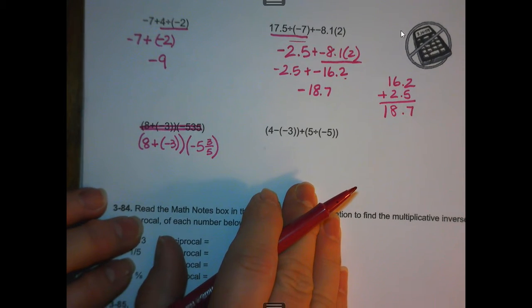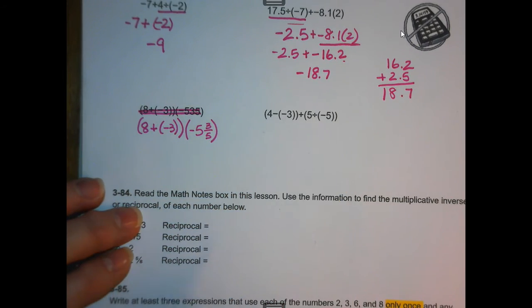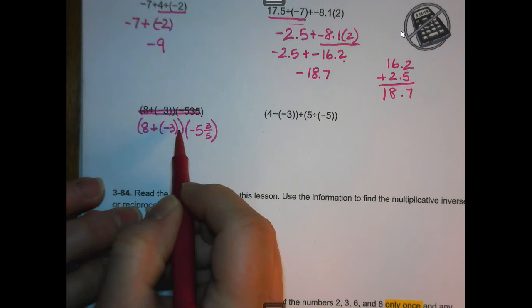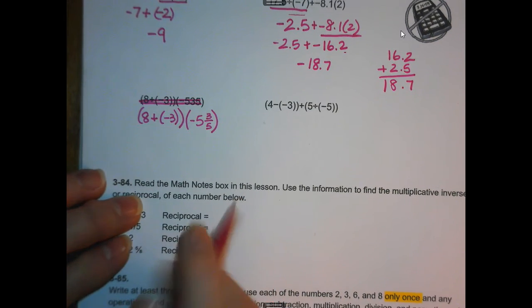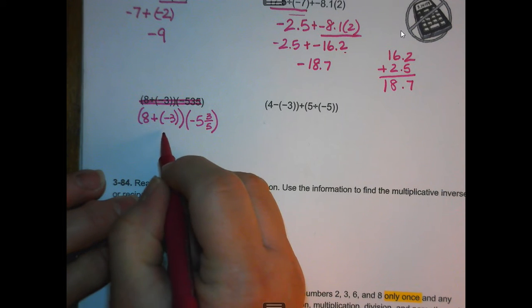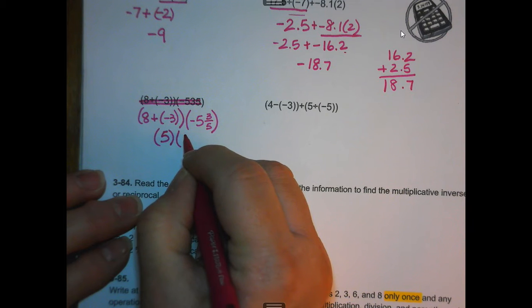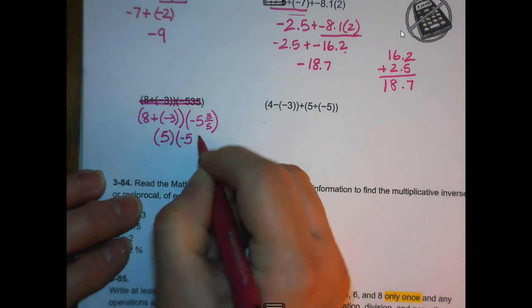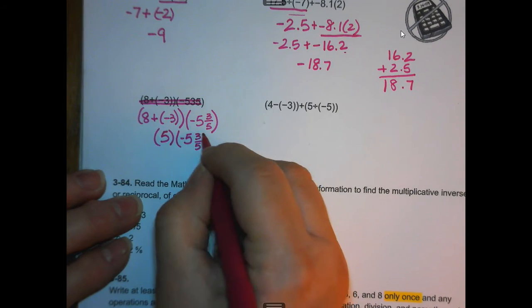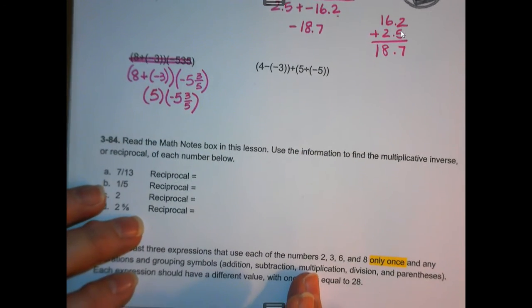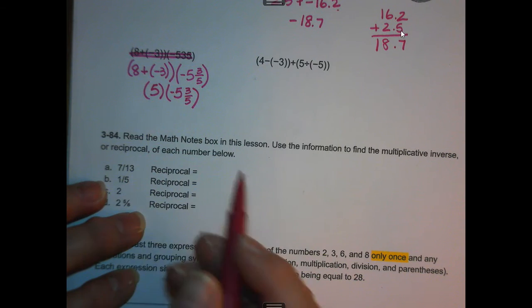Now let's move on to this problem. And this problem has parentheses around this part, so I need to do this first. 8 plus -3 gives me 5. And I'm going to multiply that times -5 and 3/5. In order to do that, there's a couple different things I can do.